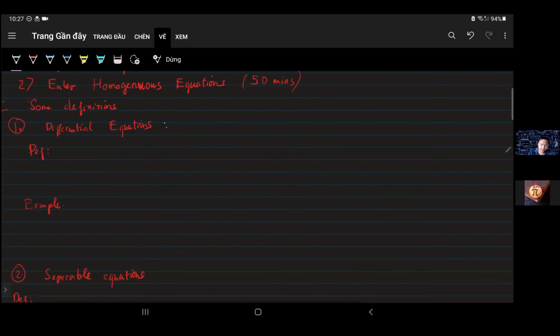If you have an equation like y prime, which you can think of as the derivative with respect to time, equal to a function which depends on t and y(t), we call it a differential equation. Here, t is the independent variable and y is the dependent variable.